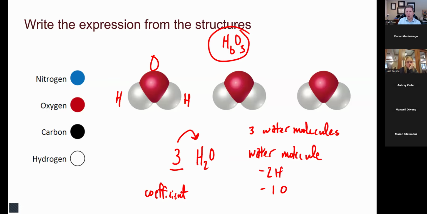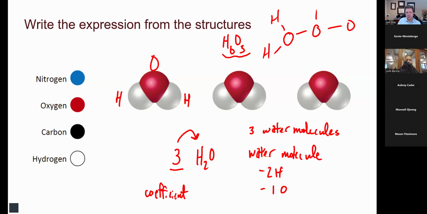Because when you group all of these atoms together, you're suggesting that they're bound to one another. So if you say you've got a molecule of H6O3, then essentially you're saying, I've got this molecule right here, with all the atoms bonded together. That's what you're talking about.